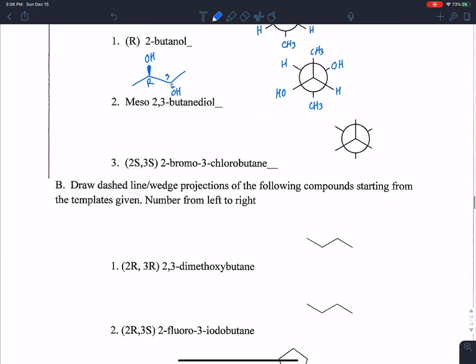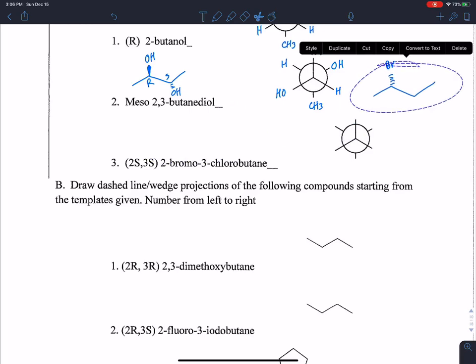Next one, 2S, 3S, 2-bromo-3-chlorobutane. So I have a butane. I have to make a 2-bromo and 3-chloro. So 2 has to be an S. Well, we have to make that dash then. Bromo, because this is 1, 2, 3. That's R, but it's S, yep. And then the second part on 3, you have to make that part an S also.